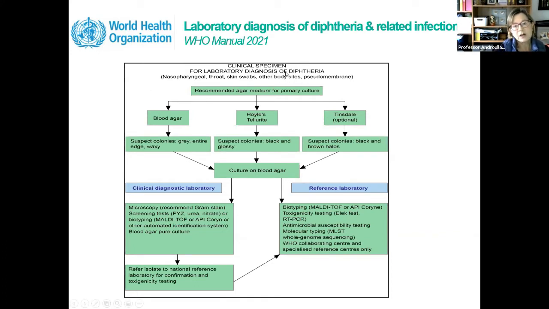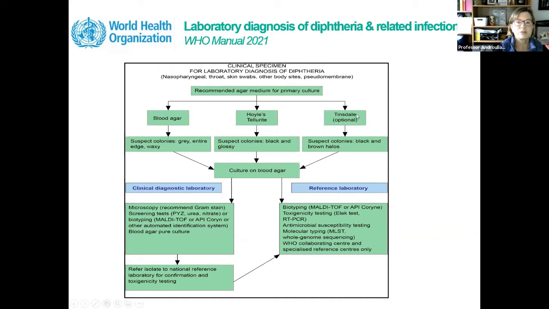So basically, it would be taking swabs from the appropriate sites and placing them onto the recommended primary culture media. The recommended culture media are blood agar, Hoyle's tellurite, and Tinsdale. I will explain further regarding Tinsdale in a moment. Primarily, blood agar and Hoyle's tend to be the main primary culture media that are used.